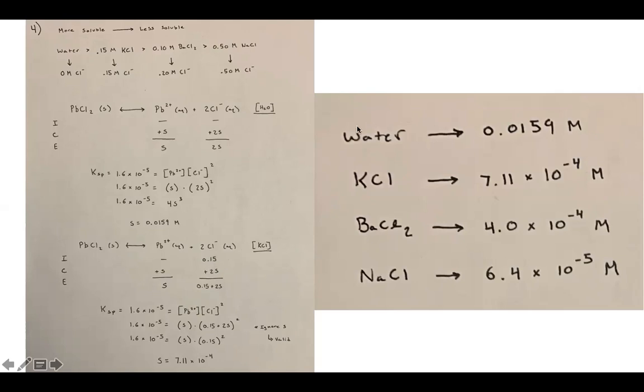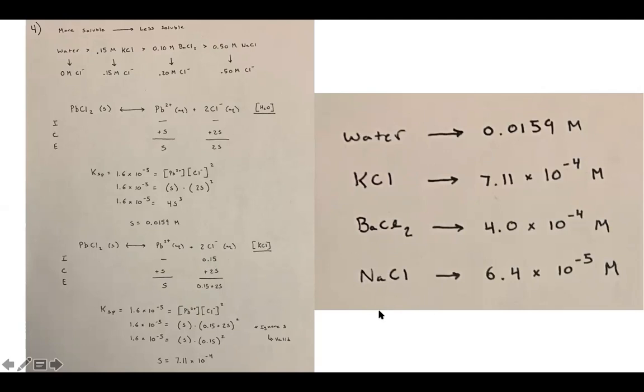If you go through the calculations for the other two as well, I listed the overall solubilities for all of them. As you can see, the highest number means it's more soluble. So water is the most soluble, followed by KCl, followed by BaCl2, and then NaCl last.